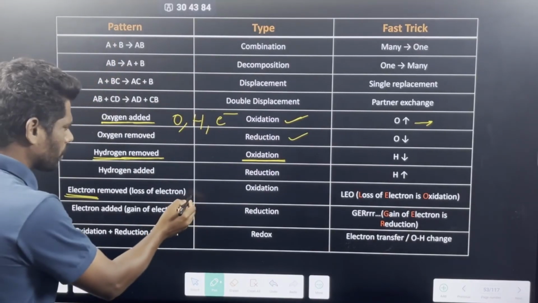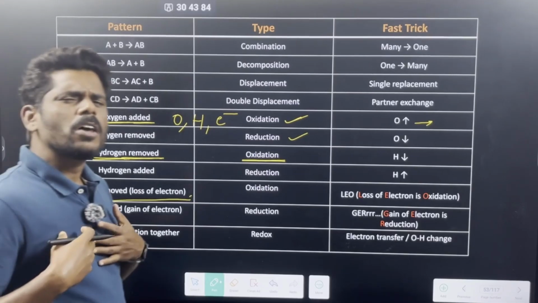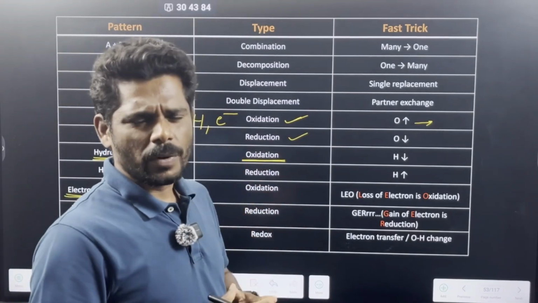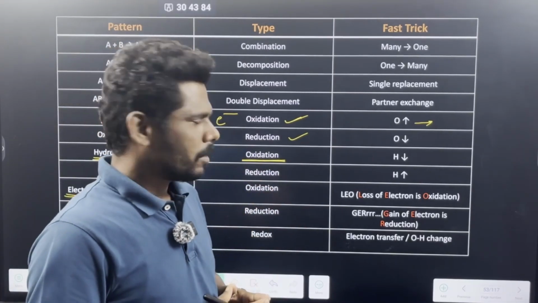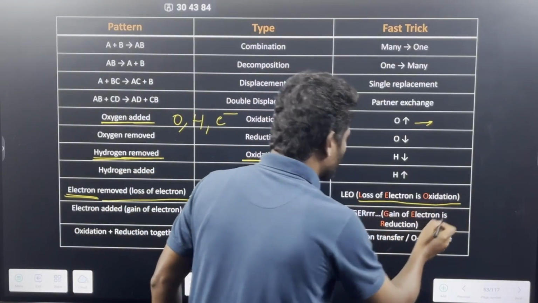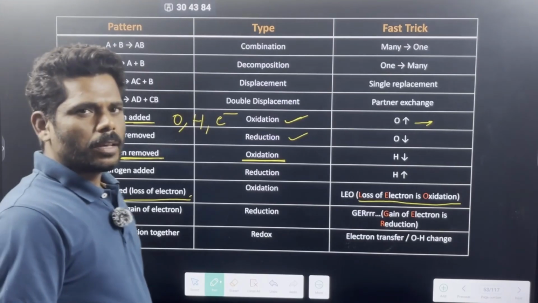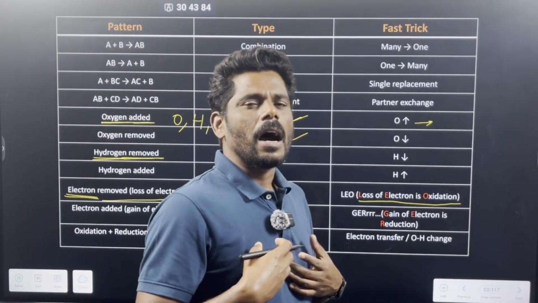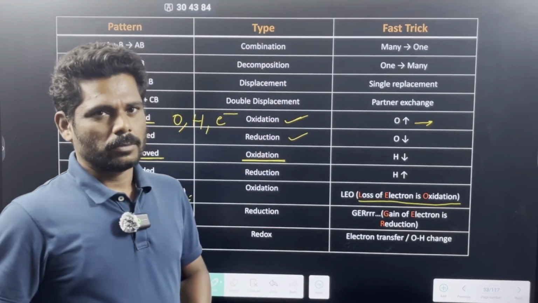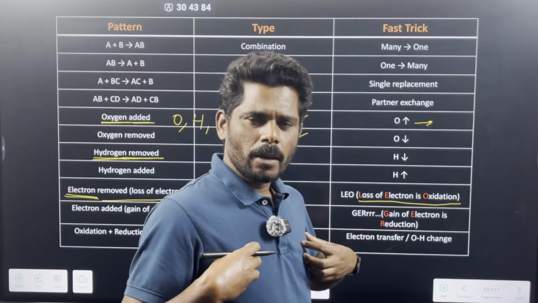Look here, loss of electron. I have lost electron in some other case, for example. Loss of electron is oxidation. LEO, simple. Now I am the LEO. I lost electron. Sir, how to count that? Same, count the charge with me.